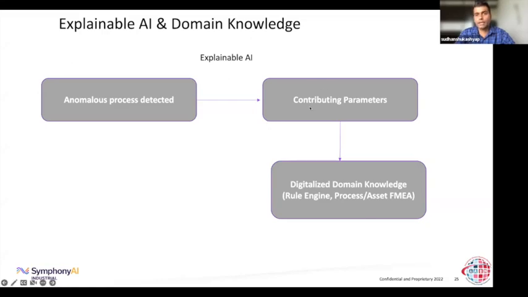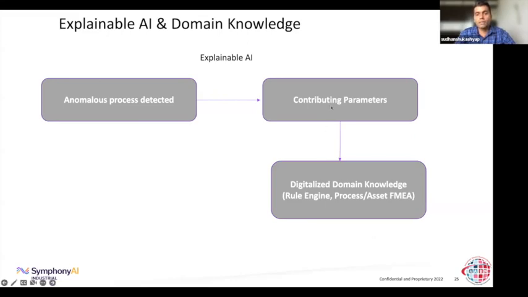Once we know this, this system kicks in, and it could be a rule engine based on the tribal knowledge gathered over a long period, or, for example, if you were looking into the process or assets, you could create a kind of failure mode and effect analysis, maybe slightly different than what is usually done in the industry, such that it could work with the software or automated process.